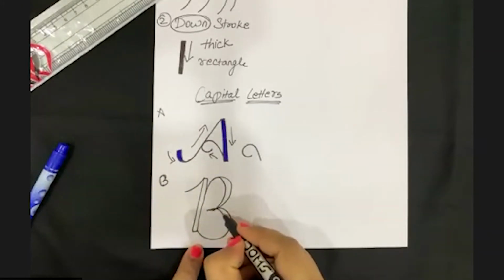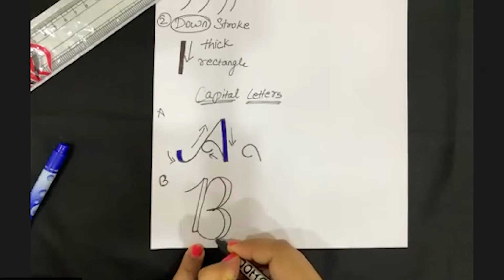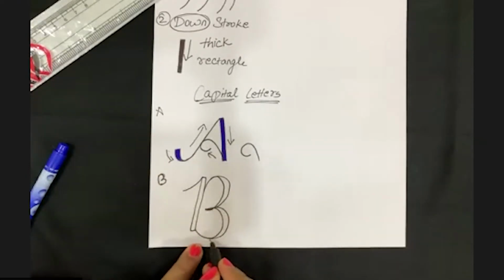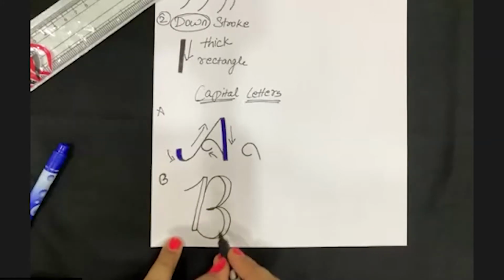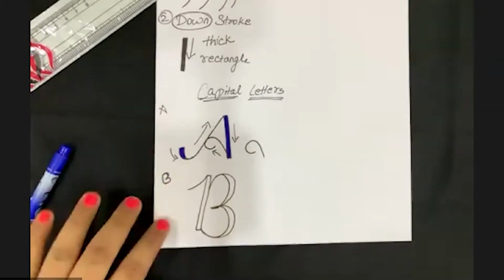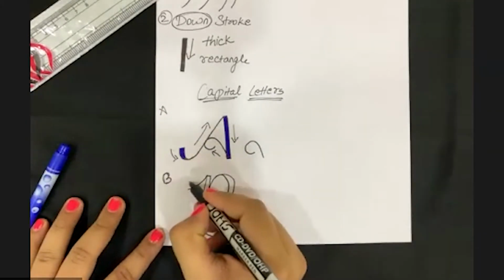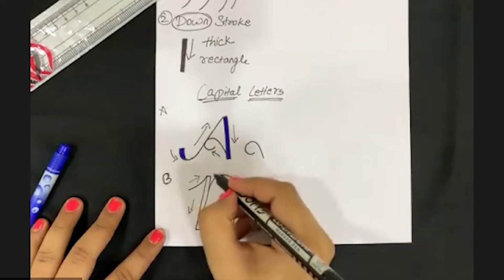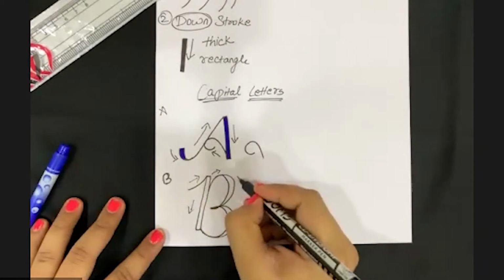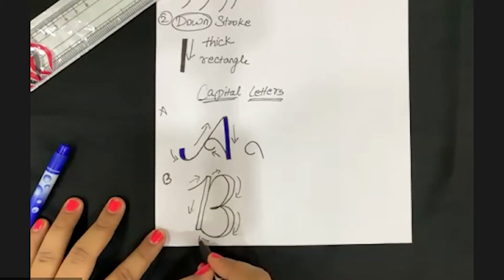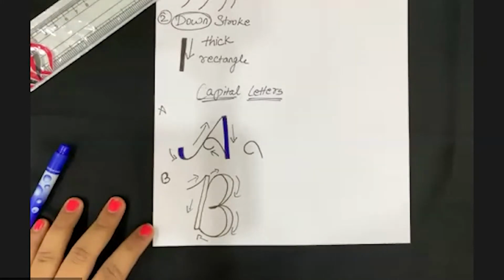After doing the thick stroke, I have to merge that line with my thin upstroke. Thin upstroke, thick downstroke, thin upstroke, thick downstroke, thin upstroke.